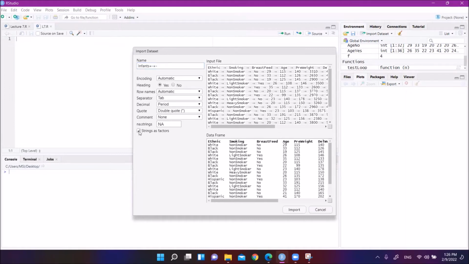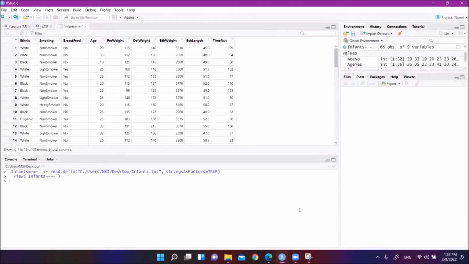I can also keep strings as factors, so that we don't have to coerce them into factors. They take these string values as factors. You can either do it later on, or initially you can tick that out and click on import. That's the easiest way of doing that.